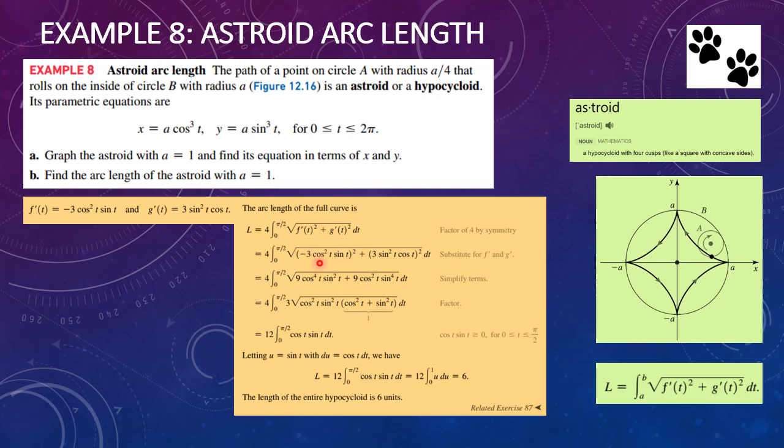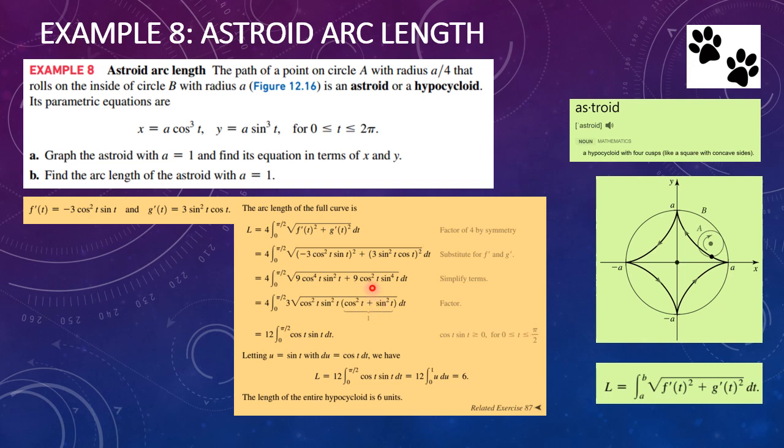Raising the power on each. -3 squared is 9, cosine squared squared is cosine to the 4th, sine squared is sine squared. Similarly here, 3 squared is 9, sine squared squared is sine to the 4th, and cosine raised to a power 2 is cosine squared.